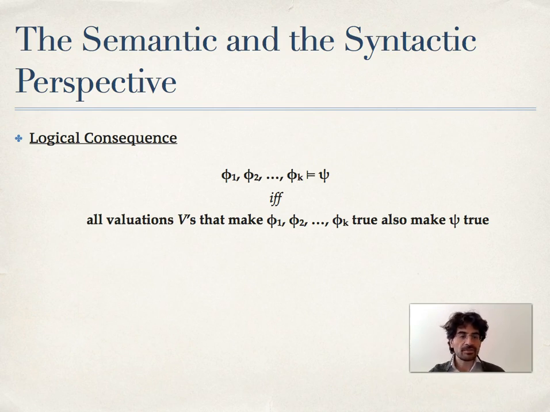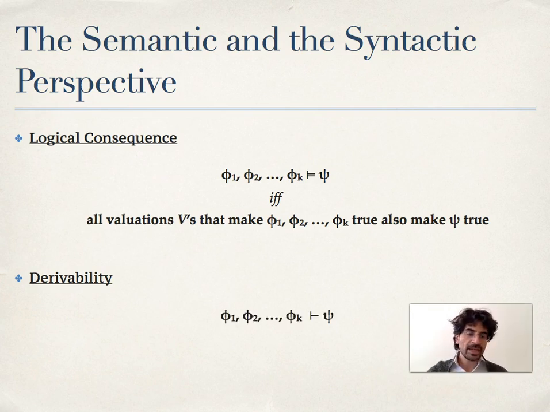We can, however, take a syntactic perspective to this problem. And instead of talking about logical consequence here, logicians often talk about derivability or proof or provability. We can write this using another symbol, namely the symbol with a vertical bar and only one horizontal bar.